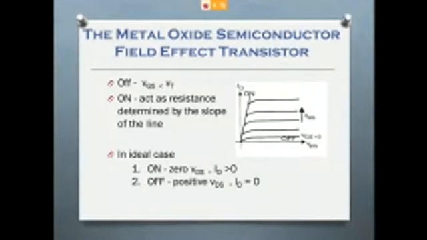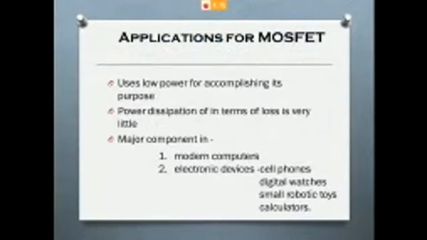In the off stage, VDS would be positive and ID equal to 0, that being the x-axis. So the on stage represents the y-axis and the off stage represents the x-axis. That's basically a simple working of a MOSFET, or metal oxide semiconductor field effect transistor.